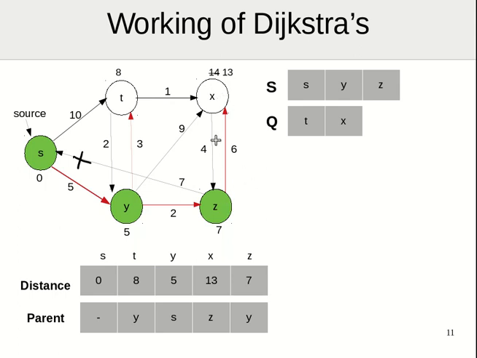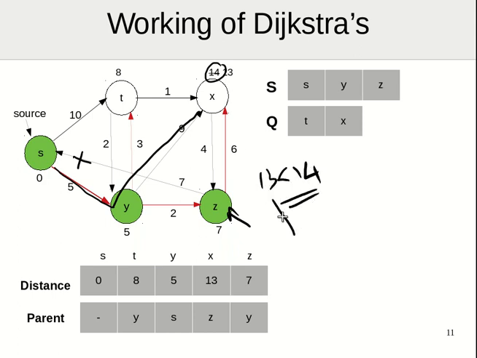Previously the distance for going to x was 14 via this path, 5 plus 9 was 14. But if I go via this path, till here it's 7, 7 plus 6 is 13. So 13 is less than 14, so I get a better shortest path, that is 13, so I'll update. So to x it is 13 now via z.